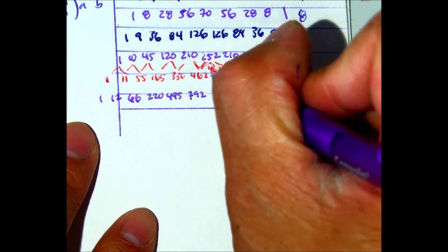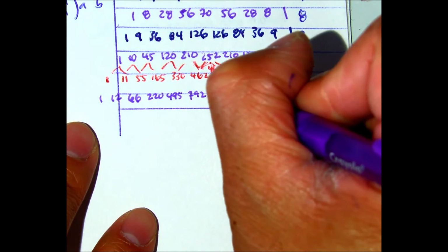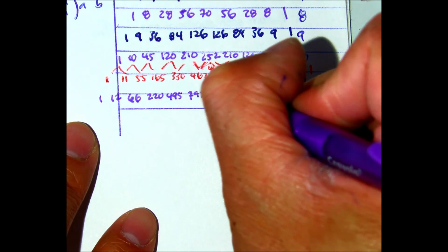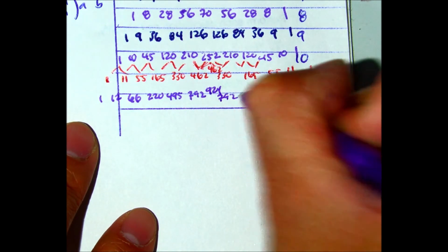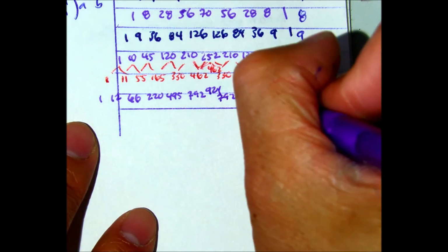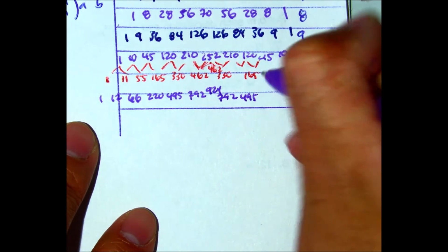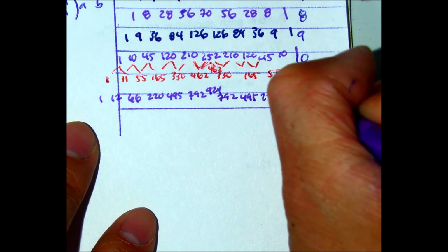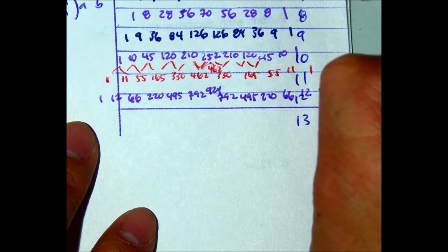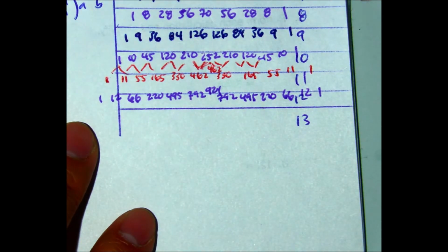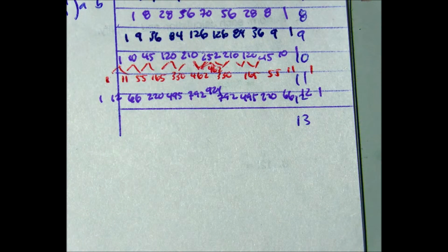Oh, got it. You're right. 495. 220. 66. 12. Whew. Good job. All right, last one, just for you.